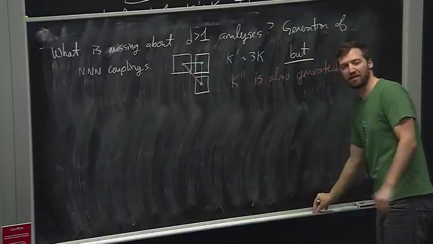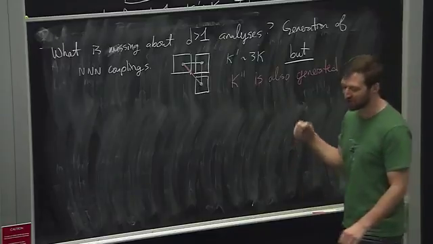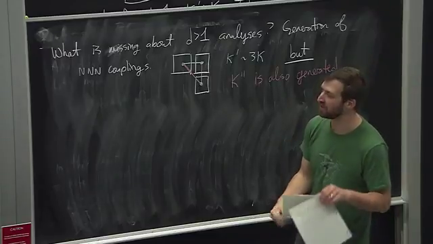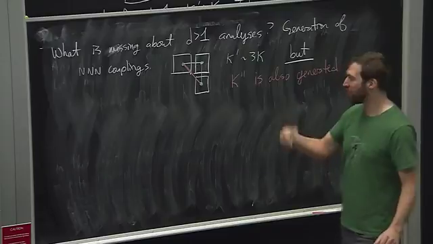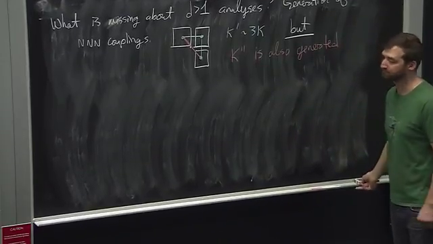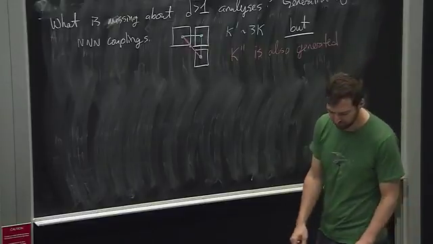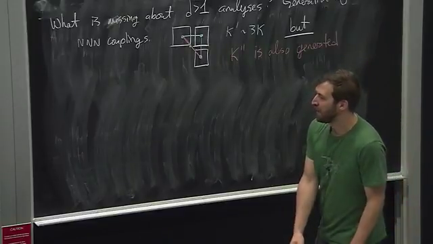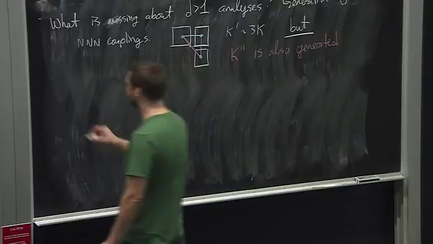I'm not doing it because it's pointless, but if you actually try to do the RG transformation, you would see generation of K double prime in the Hamiltonian in 2D. So the Hamiltonian is no longer self-similar.